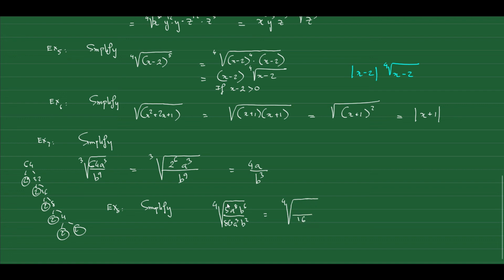And 4 goes into 8, so I'm going to keep it. But 4 does not go into 6, so I need to change something. So b^6 over b^2 will be b^4, because 4 goes into 4. 4 does not go into 3, so I put a^3 here. And 4 does not go into 2 either, so I put b^2 here.